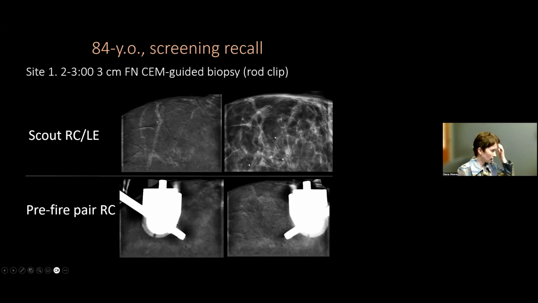At this point, you can either say the enhancement corresponds to that calcification so I can use it as a target, or you can continue using your recombined images as the target, which we did in this case. It's pretty low conspicuity, and we knew that it would be. So on these paired images, we see a low conspicuity non-mass enhancement, which is still targetable on a CEM-guided biopsy.